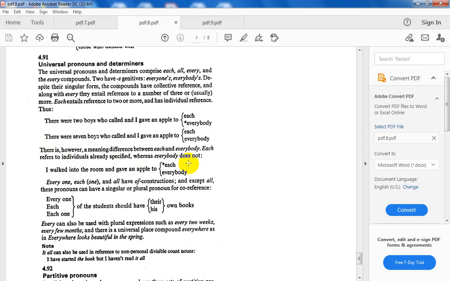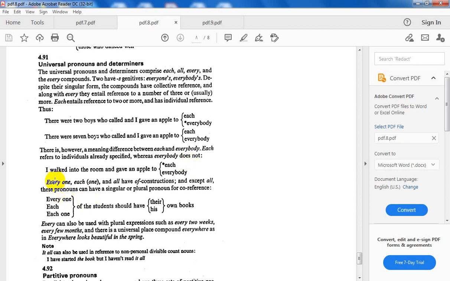If I say give a paper to each, give one paper to each, then the people or the students addressed are specified. When I say to each, you know you are giving to this one, and this one, and this one. When I say give a paper to everyone, the meaning is that they are not specified.